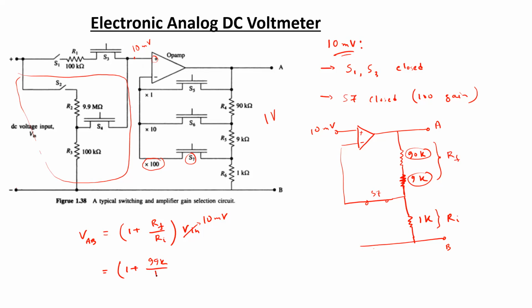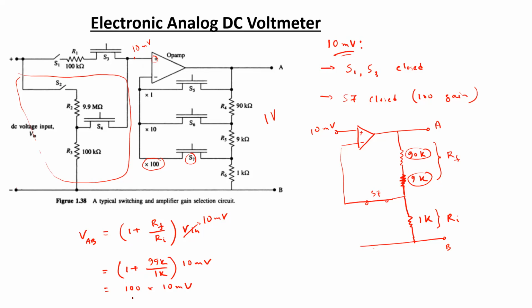So according to this expression, we can write it to be 1 plus 99k by 1k into 10 millivolts, which eventually will give us a value of 100 multiplied by 10 millivolt. So in this case, after closing switch S7, we are getting a gain of 100.